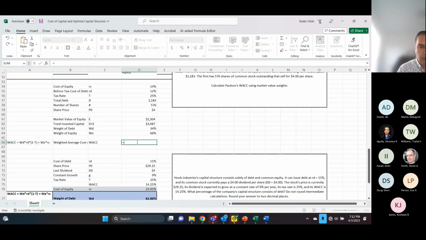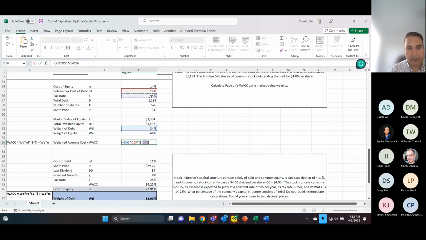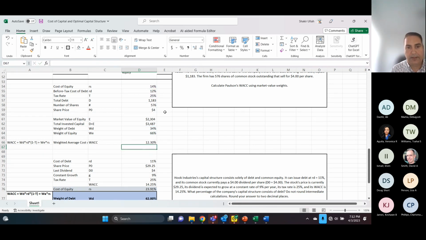Equals weight of debt, 34%, multiplied by the cost of debt, 12%, multiplied by bracket start, 1 minus tax rate, which is 25%, bracket close, plus weight of equity, which we just calculated, 66%, multiplied by the cost of equity, which is 14%. And there you go. The answer is 12.3%.